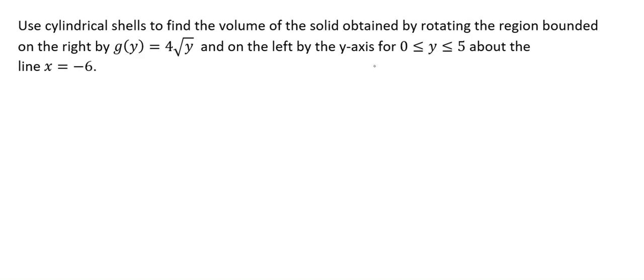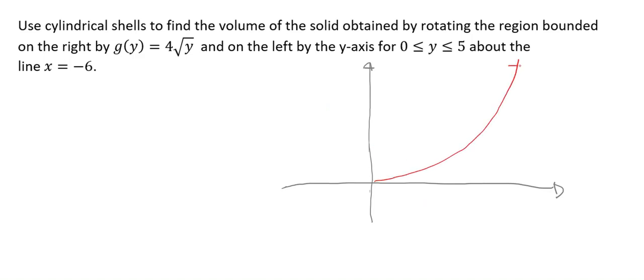So we have our function, and there's my y-axis, and there's my x-axis. And the function itself, if you use Desmos to find it, is going to look something like this. And that would be my function g of y.